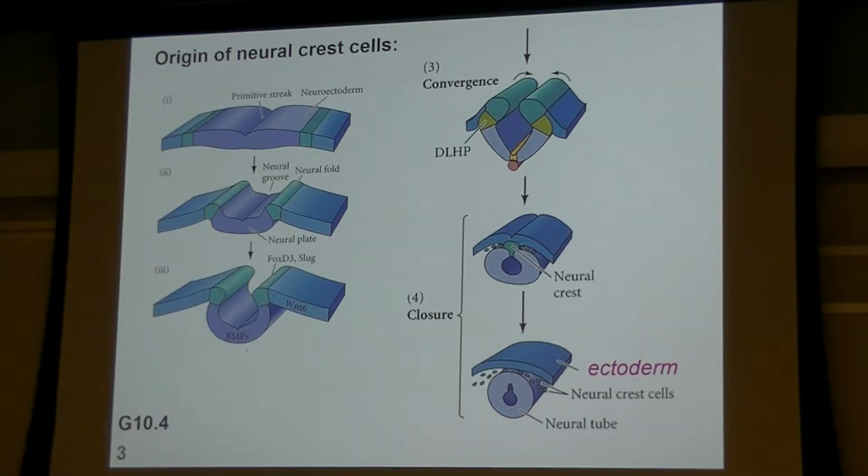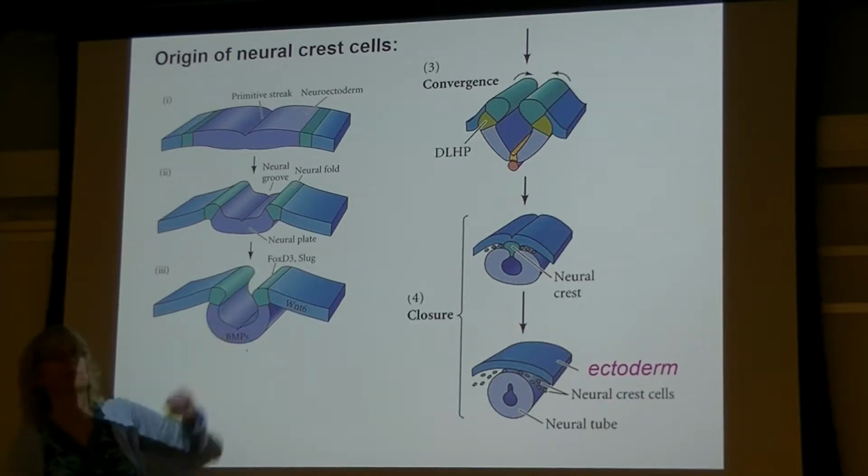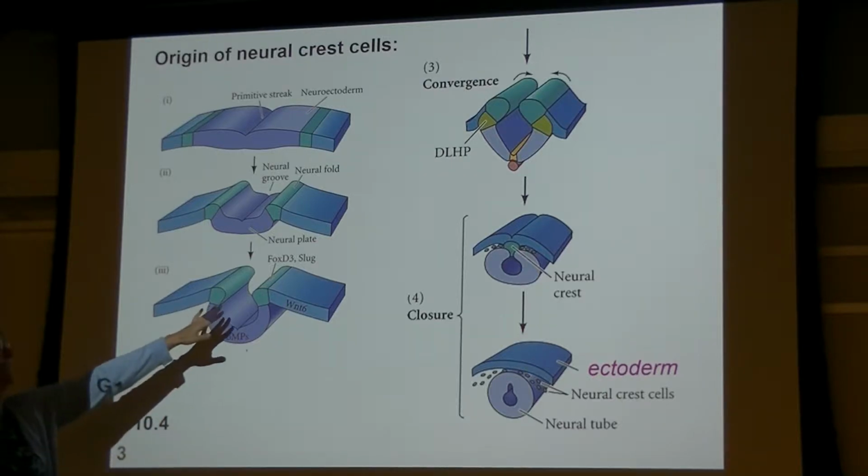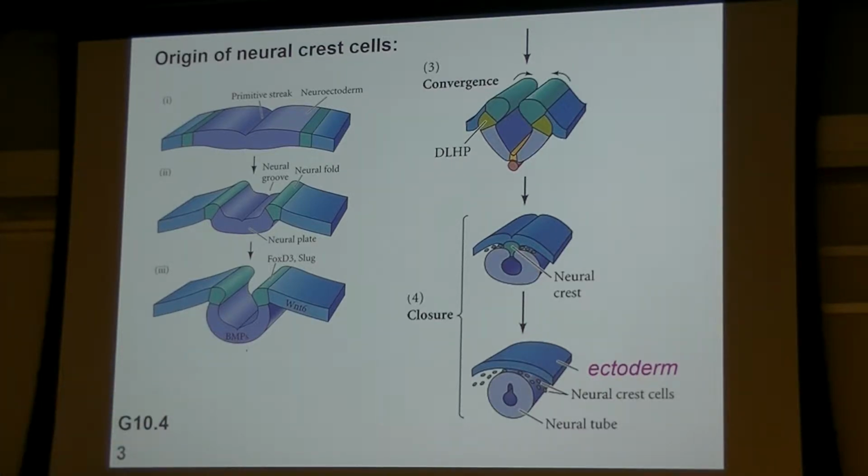And in this location, they'll already be expressing particular unique transcription factors. You don't need to memorize these, but just as an example, FoxD3 and Slug are two things that are unique to these cells. So this paradigm of differential gene transcription in the process of a cell fate that's unfolding has already started to become evident at a really early stage, where these cells are expressing unique markers.